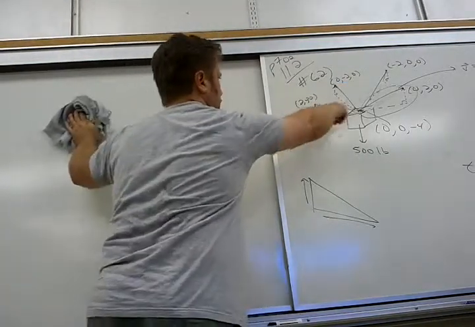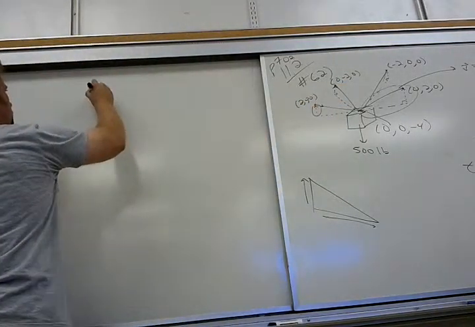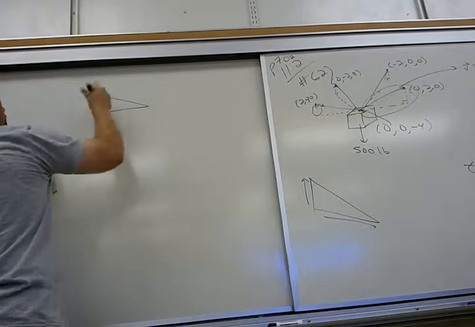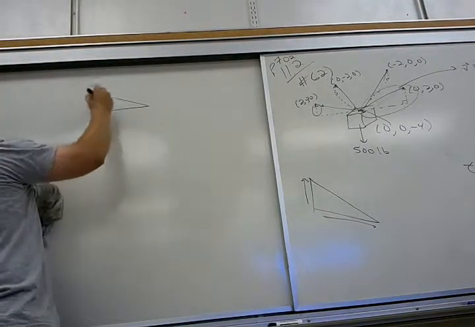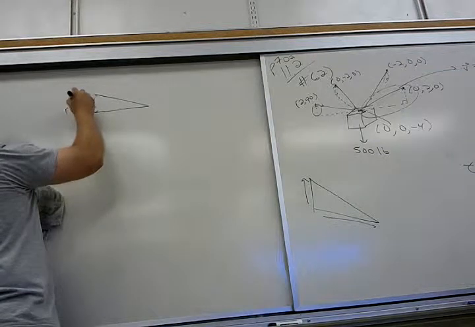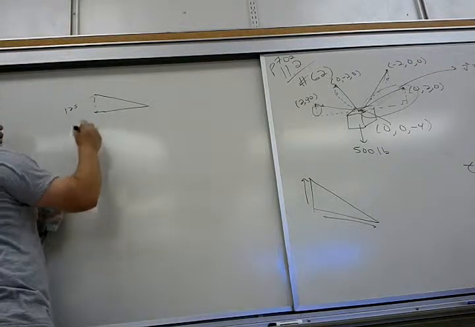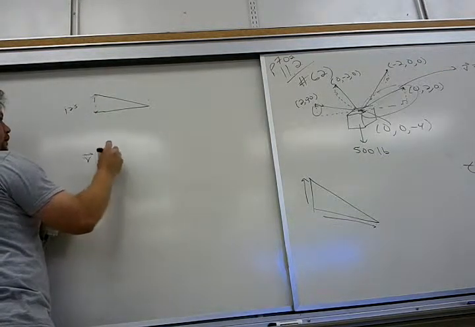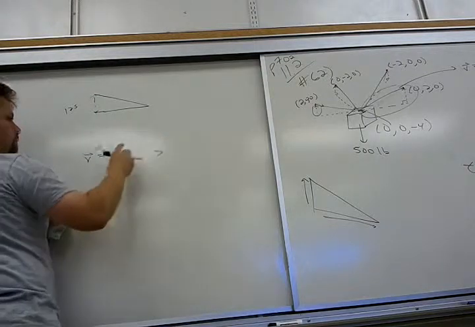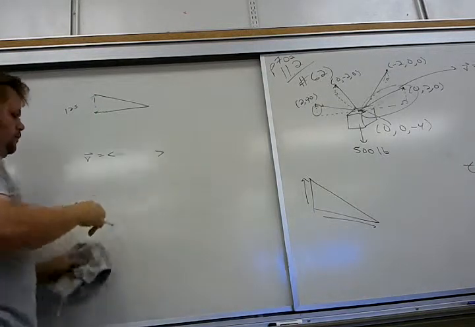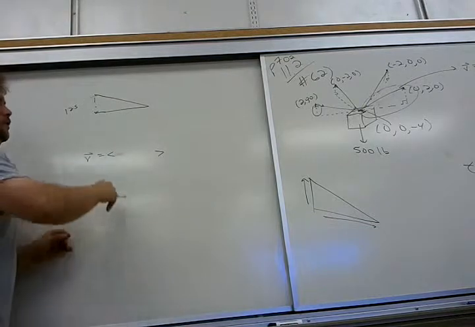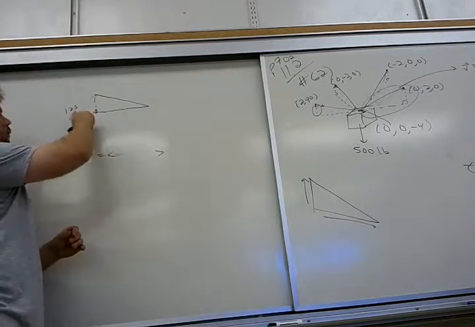Every single one of these little triangles I've drawn, what do we already know about it? I keep drawing this the wrong way, but hopefully you're right. This side is going to be 125 pounds, right? So I know every single one of these has a vector that looks like, yeah, this is going to be straight down, 125 straight down.